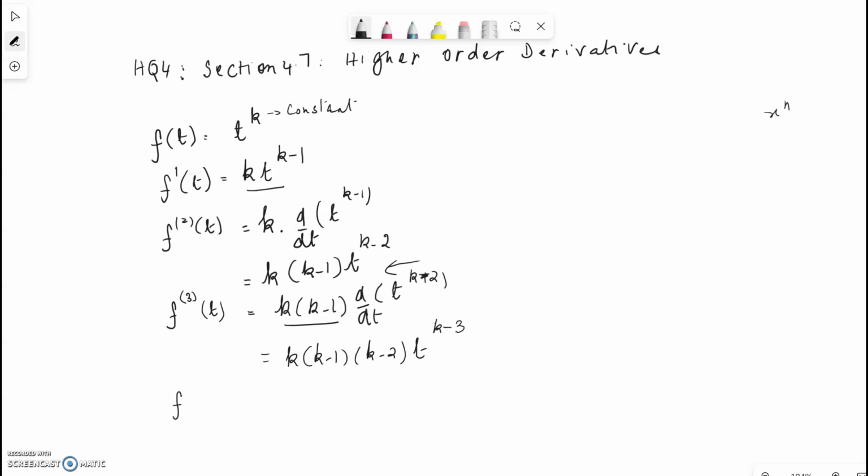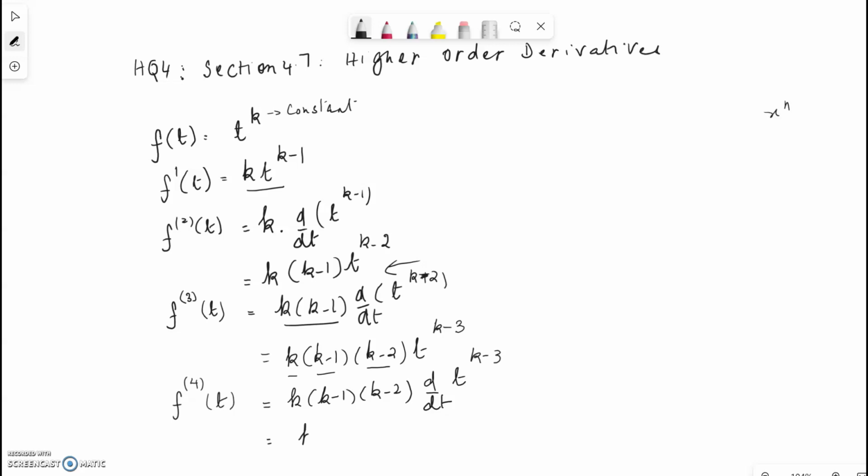So I'll go one more step so that way you can see the pattern clearly. So I take the fourth derivative by taking the derivative of the third derivative. Leave the constants alone. So the first three numbers are constants, and then we differentiate with respect to t, t to the k minus 3.